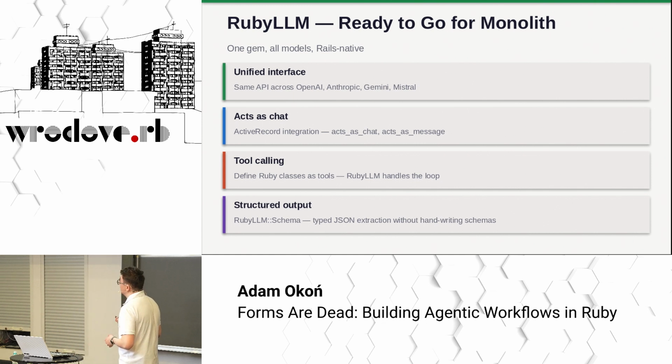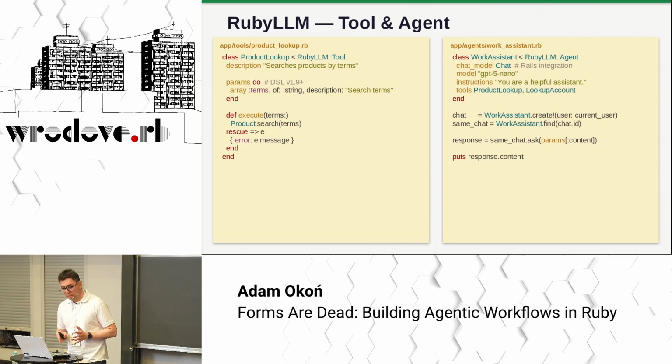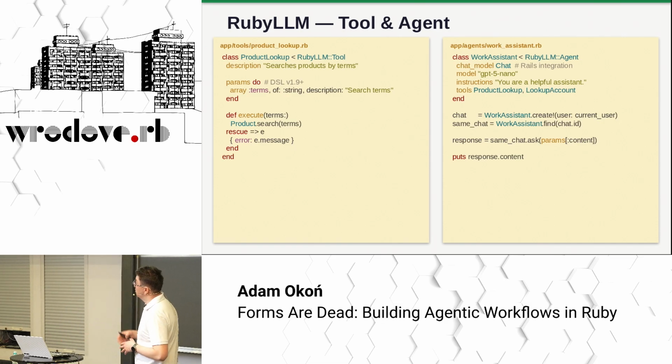Let's dive into the sample. You can always ask your agent to build that, but I tried to put some kind of example here. On the left, you can provide, using the RubyLLM API, the tool that extends the capabilities of the agent.